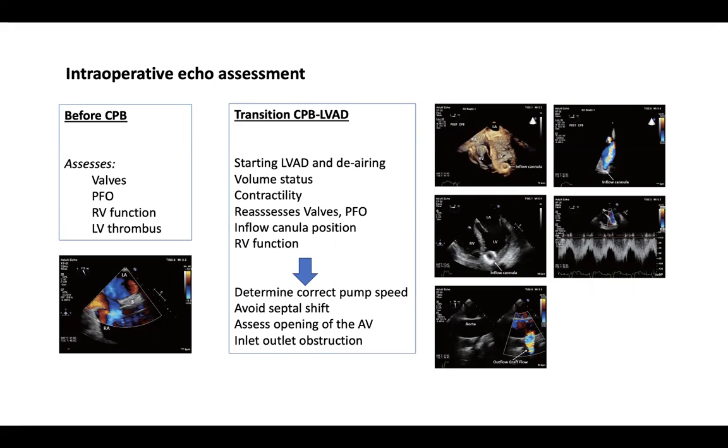Once you put the VAD in and you transition from CPB to the LVAD, you need to make sure that there is no air, look at the volume status, the contractility of the right ventricle, assess the valves again, the inflow cannula position, and look at the RV function. That's going to drive, with the hemodynamic parameters, your strategy for coming out of bypass, and if you need something more.